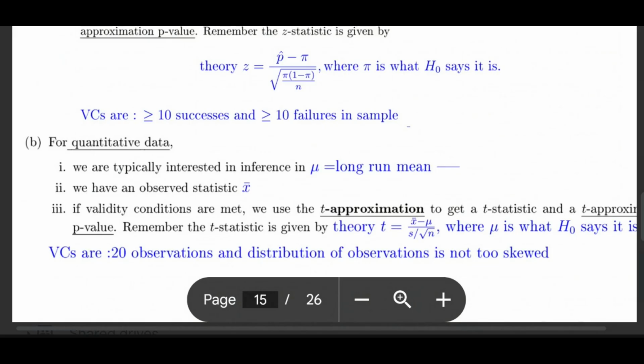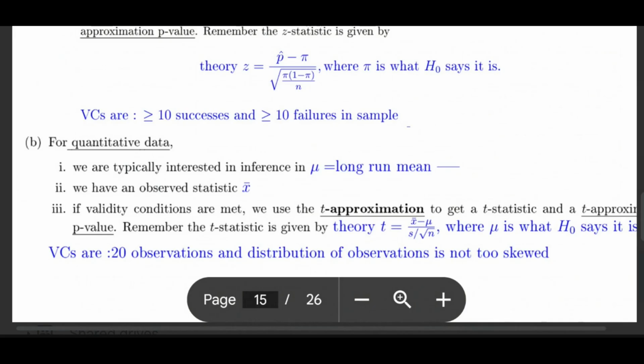You must have some quantity that comes after the word mean. Are you talking about a mean height? A mean weight? A mean amount of money you have in your pocket? What do you mean when you say mean? So it's not complete to say, as some people do, mu is the long run mean of Hope students. Yeah, what about Hope students?